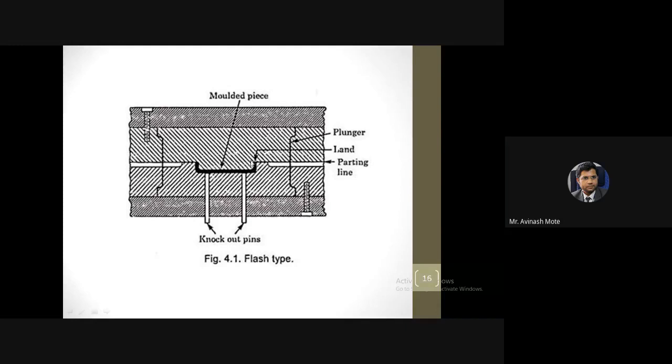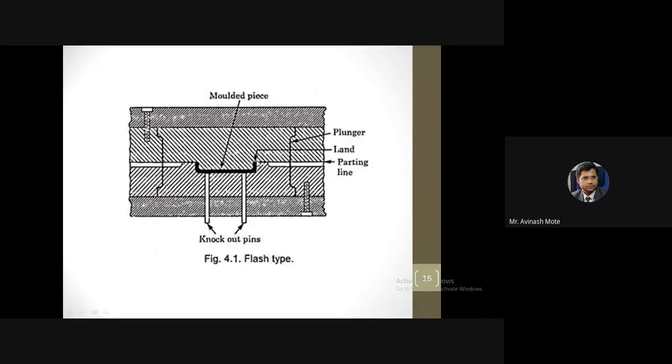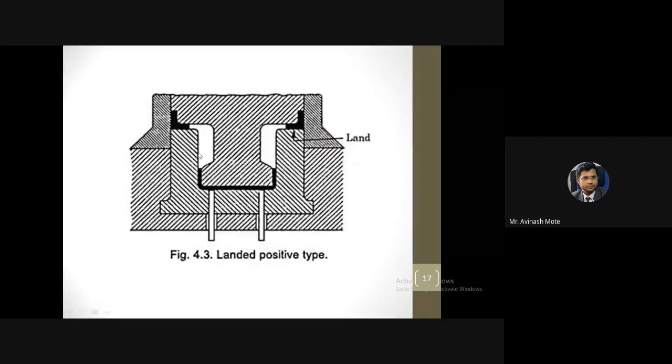Look at the cursor here. Can I zoom it? This is the land surface. Look at the cursor if you are observing. So at this land surface, or over this land area, this mold piece will rest here.